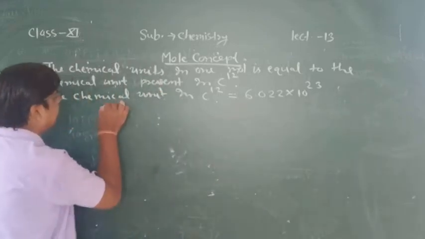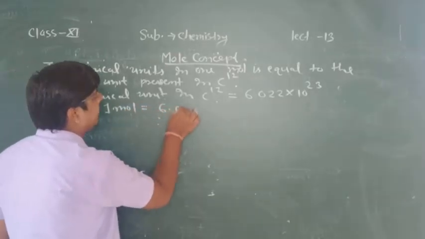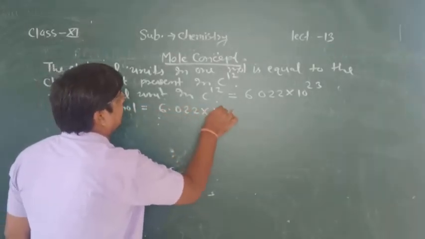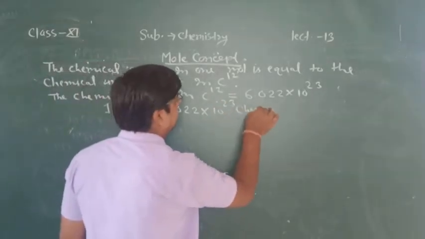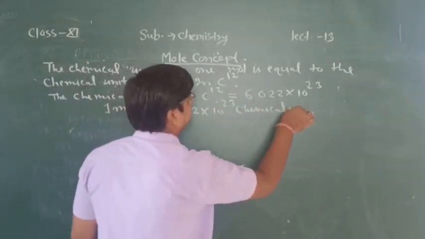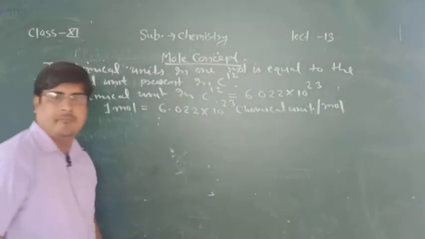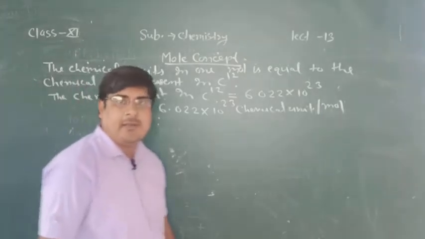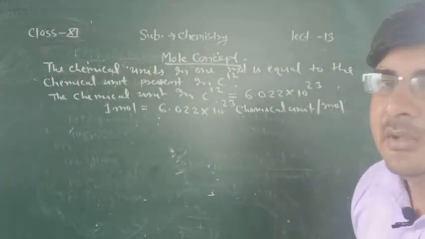So one mole will be equal to 6.022 into 10 to the power 23 chemical units per mole. In every mole there will be 6.022 into 10 to the power 23 chemical units.